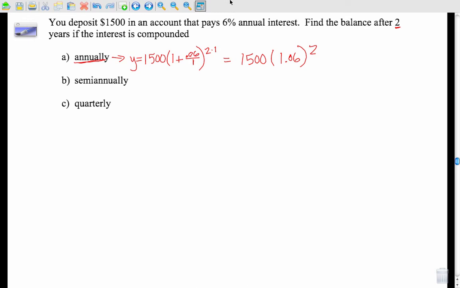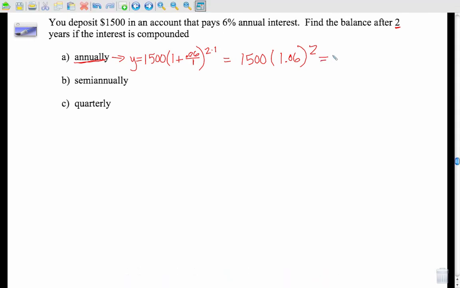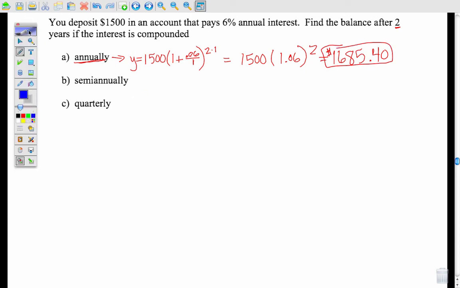So we go 1,500 times 1.06 squared. If you grab your calculator and do that, you should get right around $1,685.40.